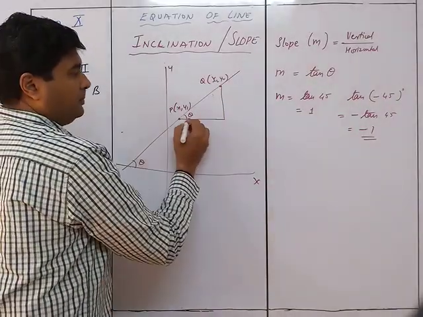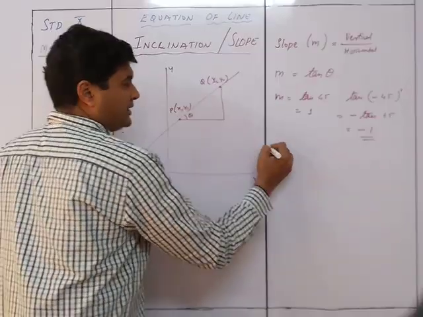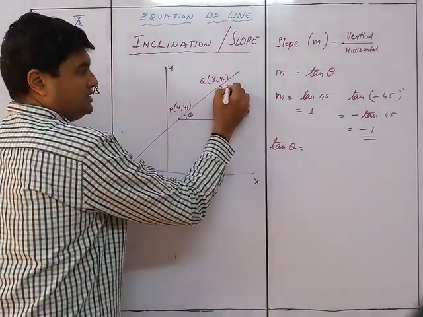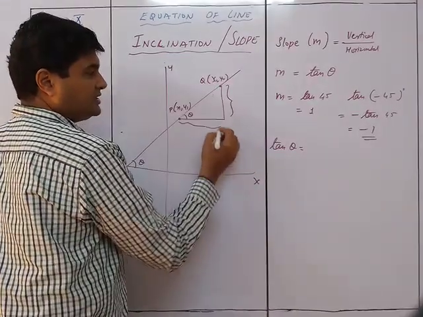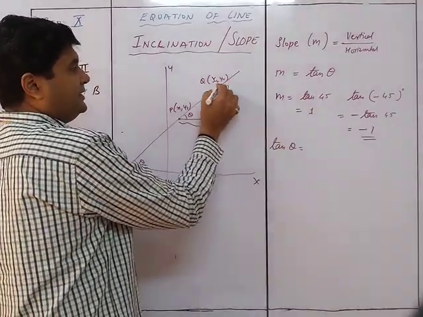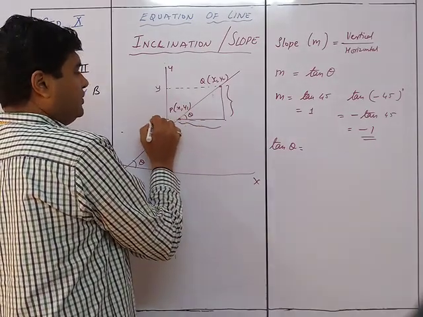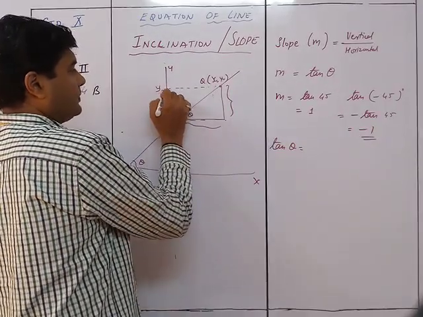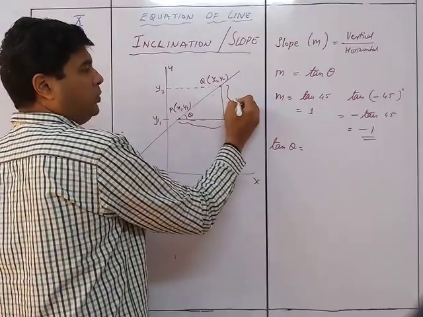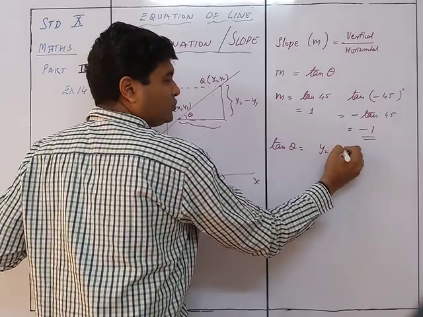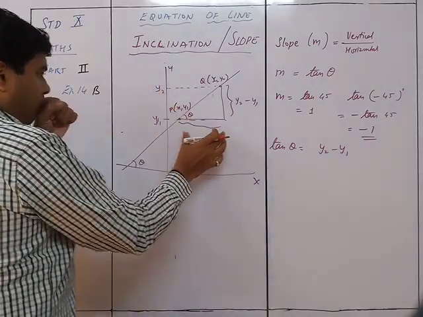So tan theta will be equal to this distance upon this distance. So what is this distance? This over here is y2 and this over here is y1. So this is nothing but y2 minus y1. What is this?